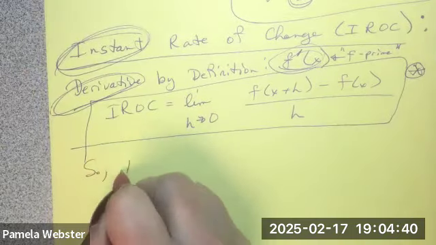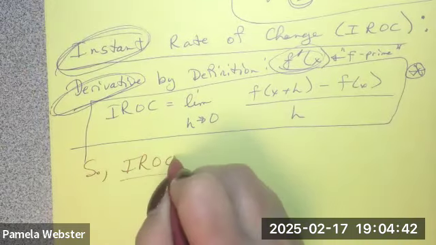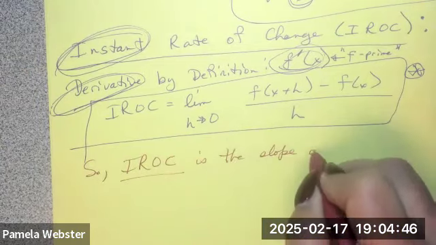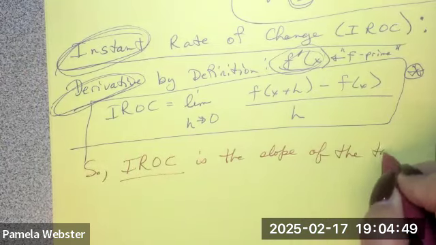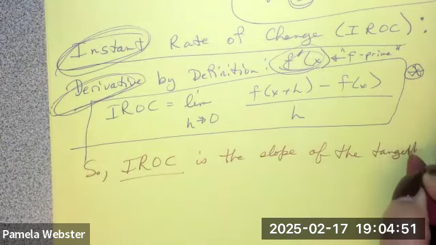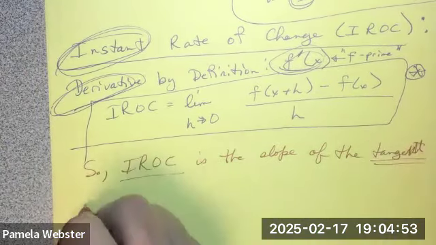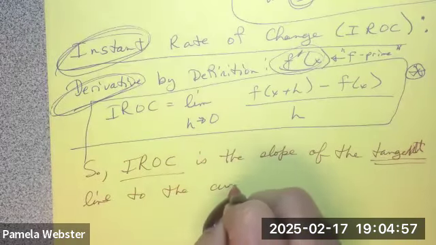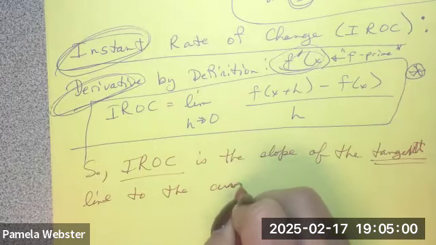So we know IROC is the slope of the line that is tangent to the curve.